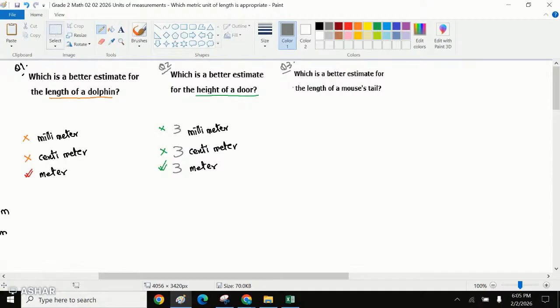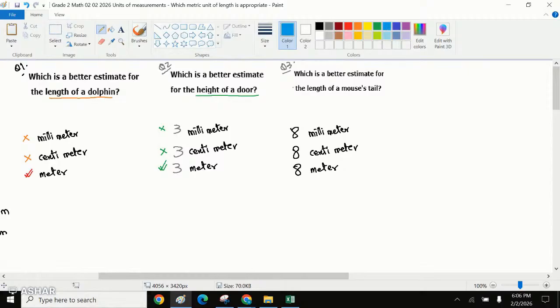So for question number 3, Valerie, what should be the better measure? Let's suppose these values were given to us: millimeters, centimeters, and meters, right? For the length of the tail of a mouse, can it be 8 millimeters, 8 centimeters, or 8 meters?